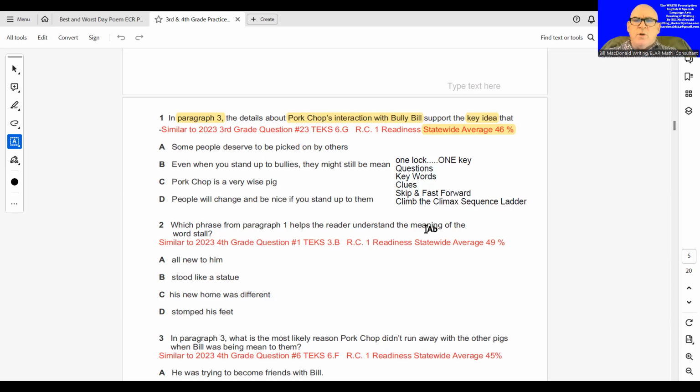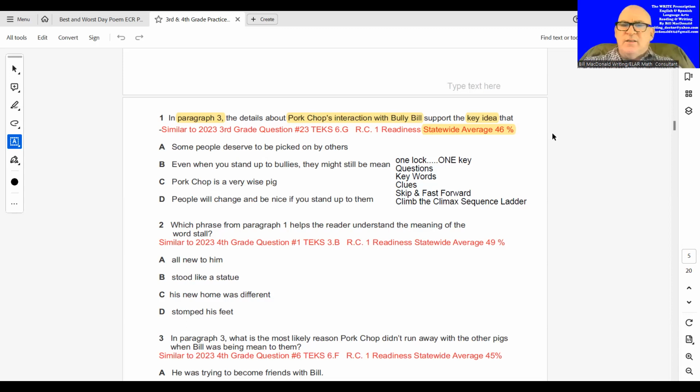So we're going to look through paragraph 3 and find the details that only relate to Pork Chop interacting. That means they're talking together, they're doing something together. The key word is action, that there's action between them that takes place.